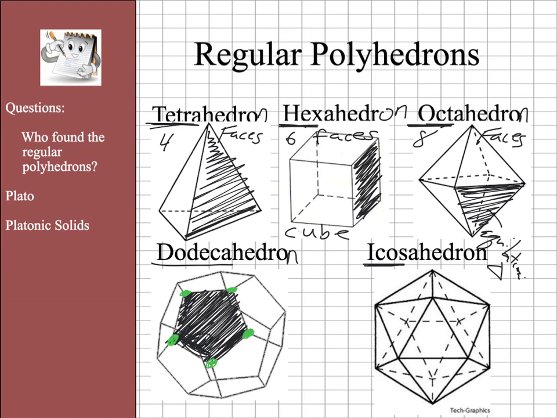So icosahedron is 20 faces of equilateral triangles. Okay. So using equilateral triangles, we're able to get an icosahedron. And so that's 20 faces. Dodeca was 12.